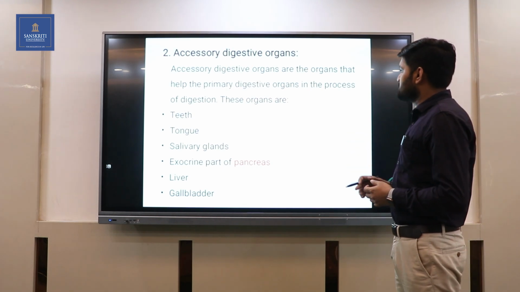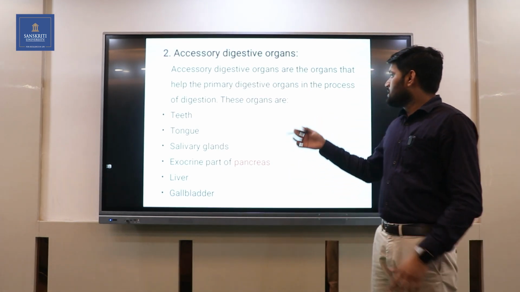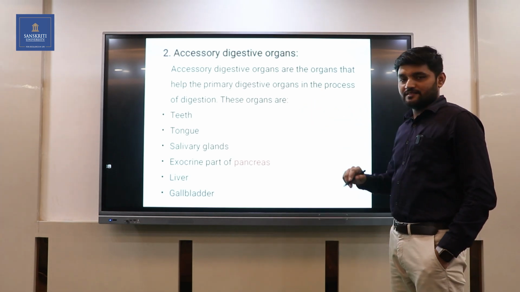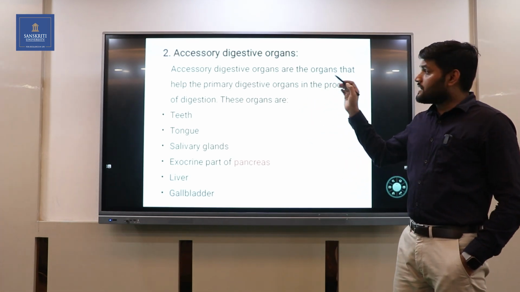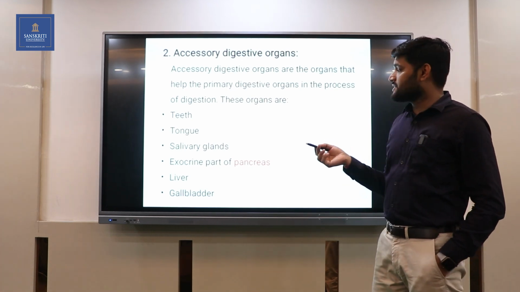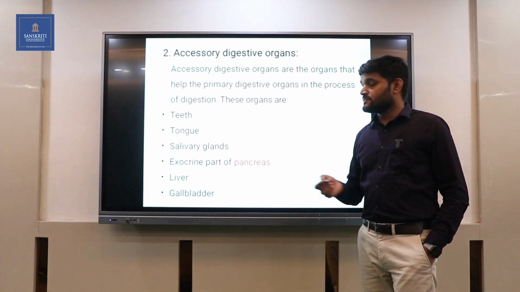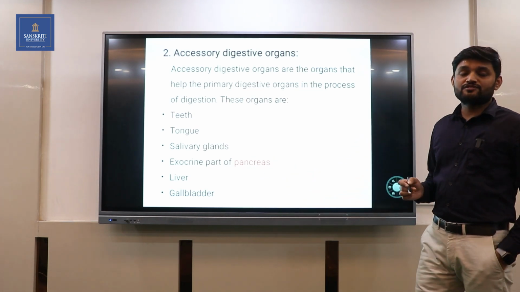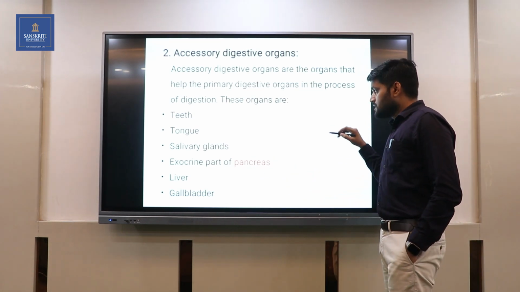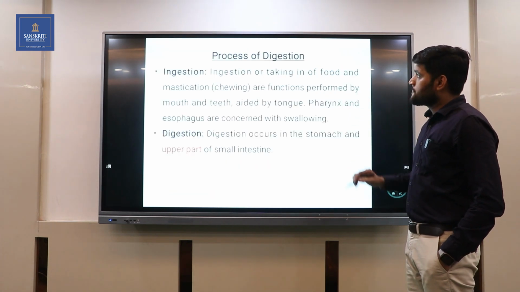Accessory digestive organs are the organs that help the primary digestive organs in the process of digestion, like teeth, tongue, salivary glands, exocrine part of the pancreas, liver, and the gallbladder.